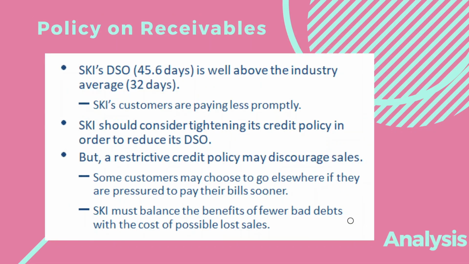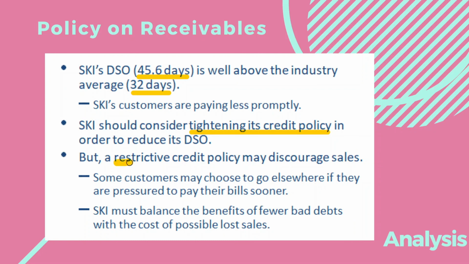Next question is on accounts receivable management. Currently, the company spends 45 days to collect the money from the customers, while the industry practice keeps credit terms about 32 days. The company is collecting the money too slowly. A simple solution should be tightening the company's credit policy and collecting the money from the customers quicker.